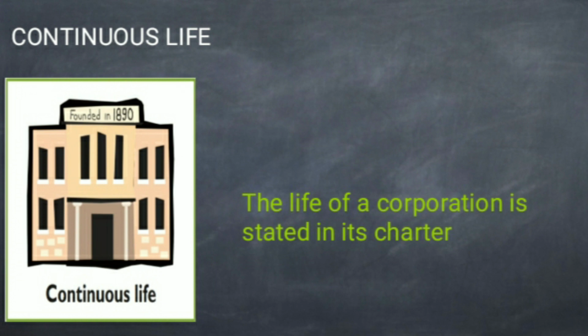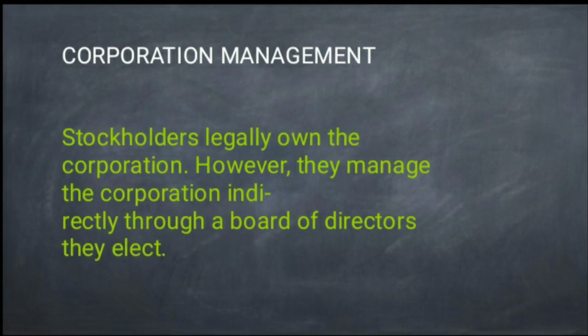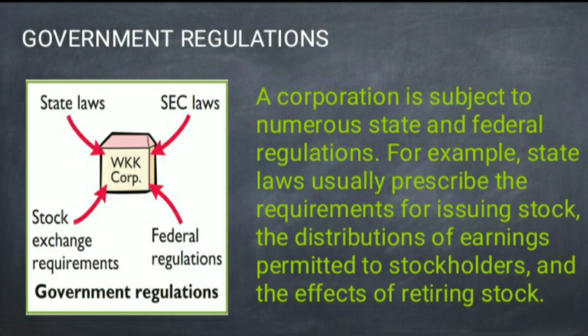Continuous life. The life of a corporation is stated in its charter. Corporation management. Stockholders legally own the corporation; however, they manage the corporation indirectly through a board of directors they elect. Government regulations. A corporation is subject to numerous state and federal regulations.